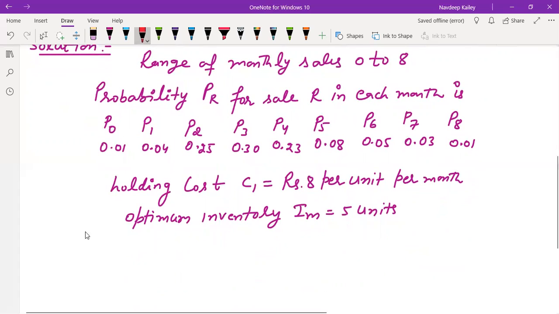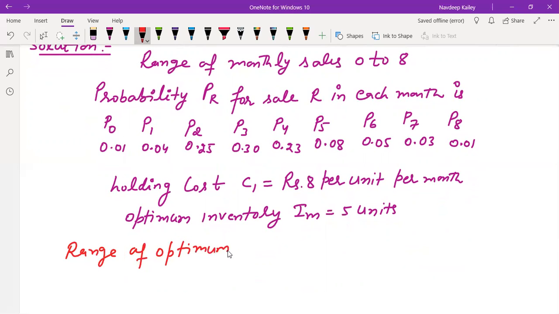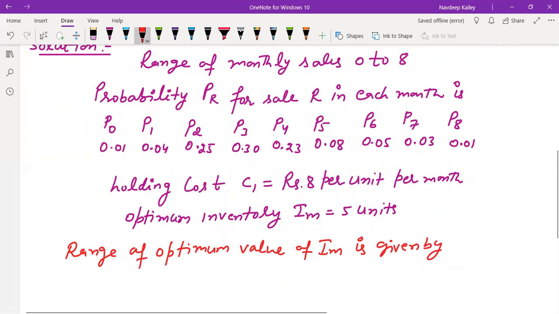Now, the range of the optimum value of Im is given by the above formula.